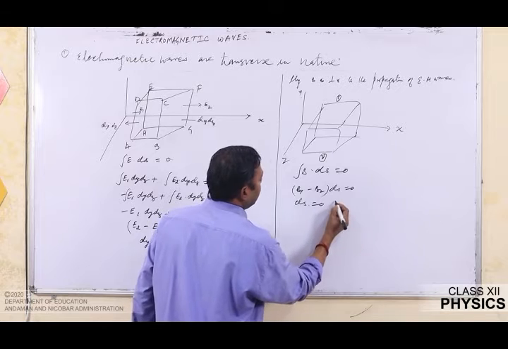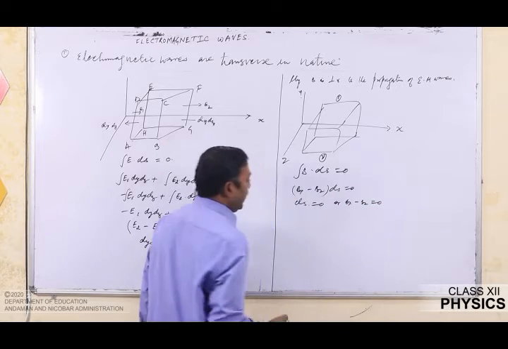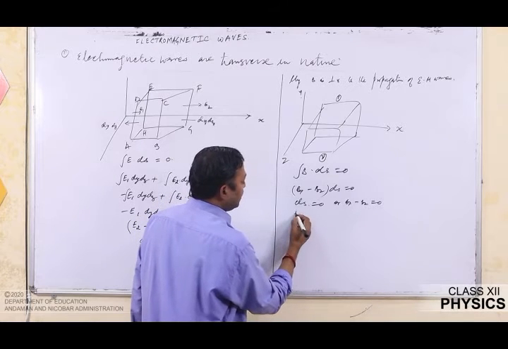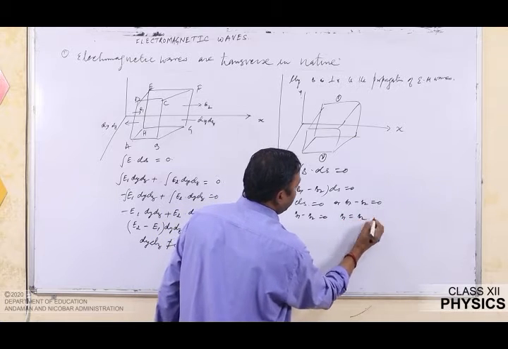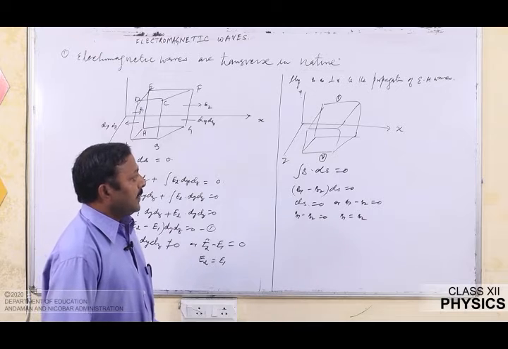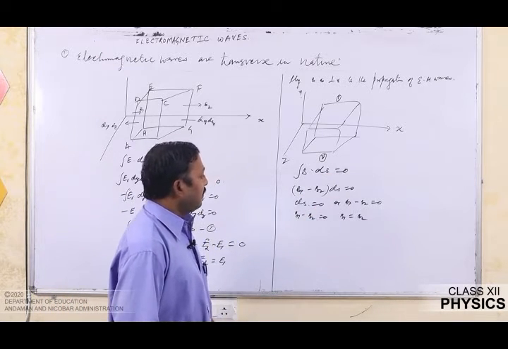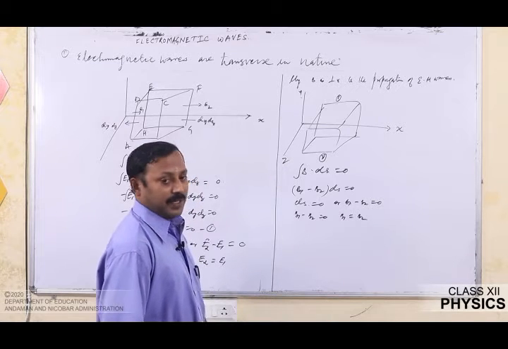So ds is equal to 0 or B1 minus B2 is equal to 0. ds cannot be equal to 0 because it is area. The ultimate factor which is left here is B1 minus B2 is equal to 0. This implies that B1 is equal to B2, and we know that a constant magnetic field will also not produce electromagnetic waves. Therefore, B1 and B2 must be perpendicular to the propagation of electromagnetic waves.